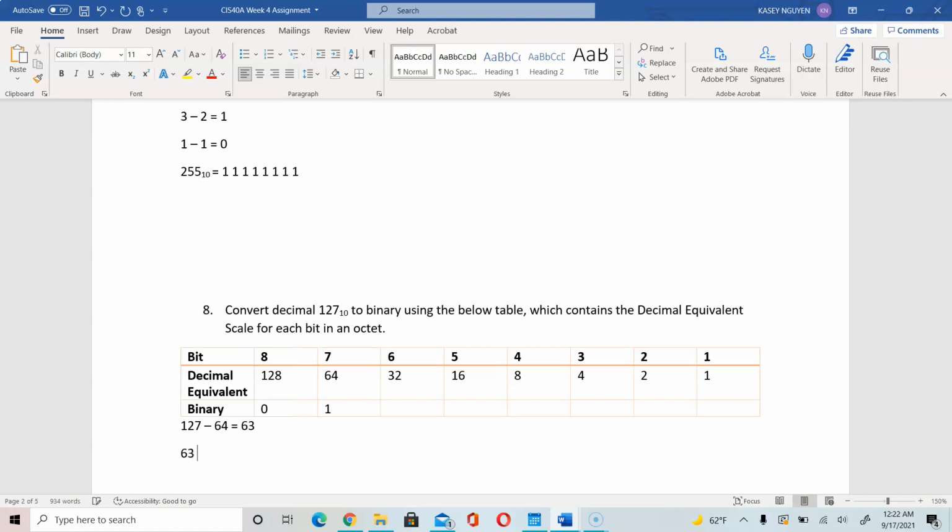We would take 63 minus 32. And here we would have a 31 left. And 31, the next number we want to subtract is 16 on the scale. So 31 minus 16, we would have 15 left.